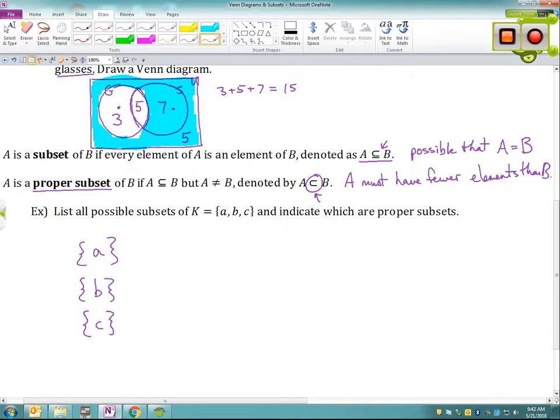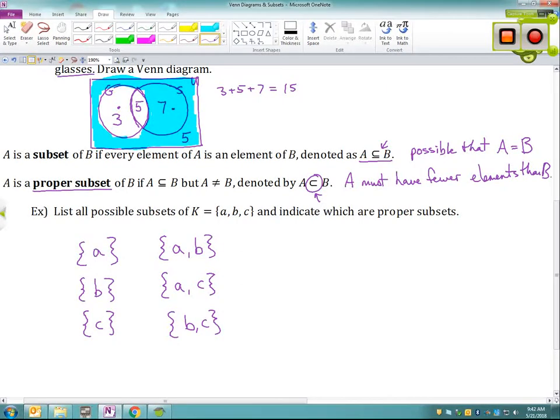Now I'm going to do the ones that have 2 elements, so that could be A and B. It could be the set of A and C, and it could be the set of B and C. Remember, I do not need to list the set of B then A because that's the same as the set of A then B. The order doesn't matter, so that's not distinguishable from AB.